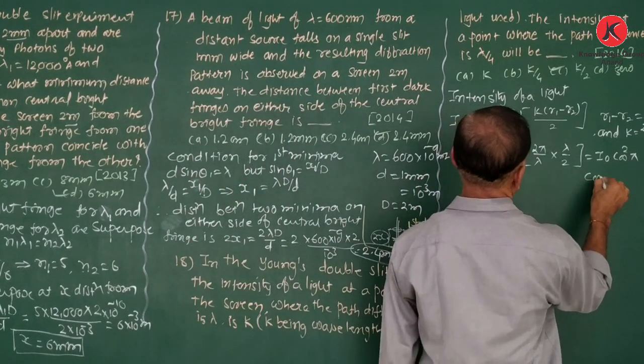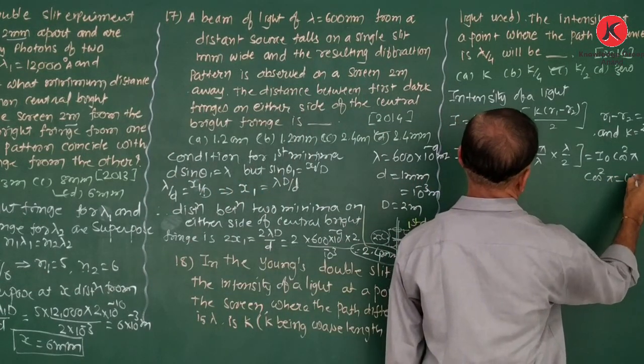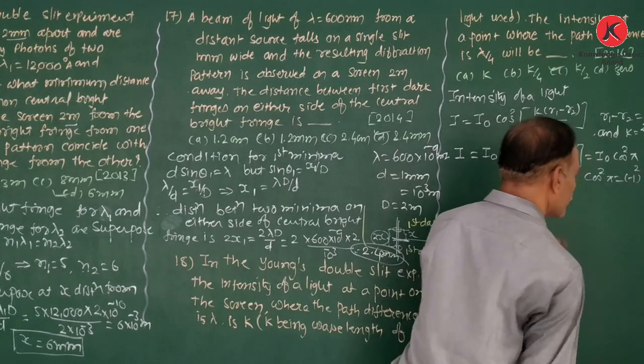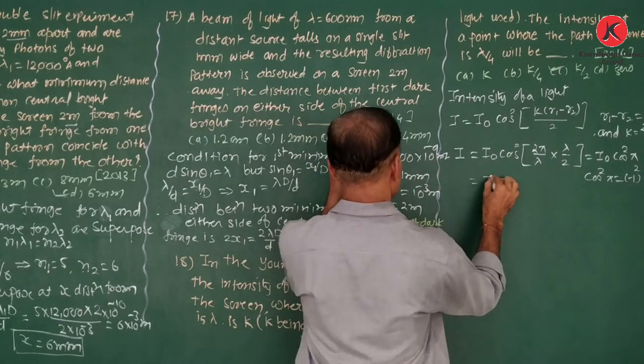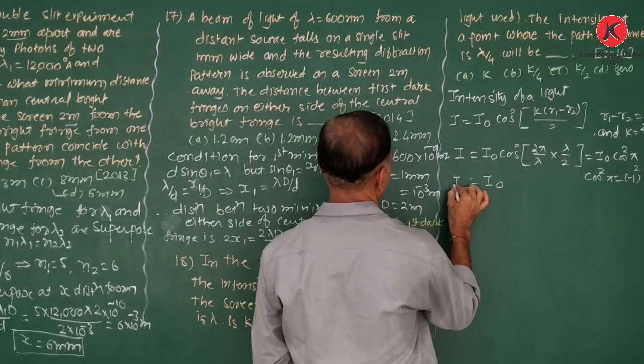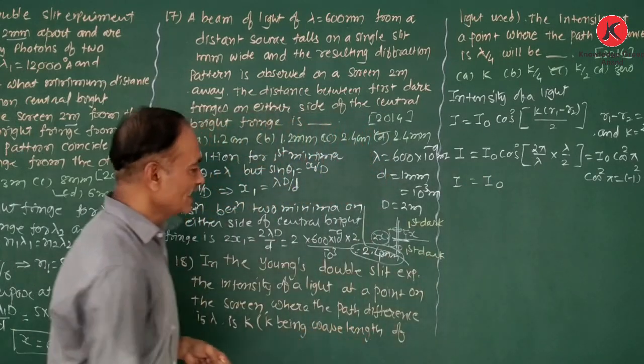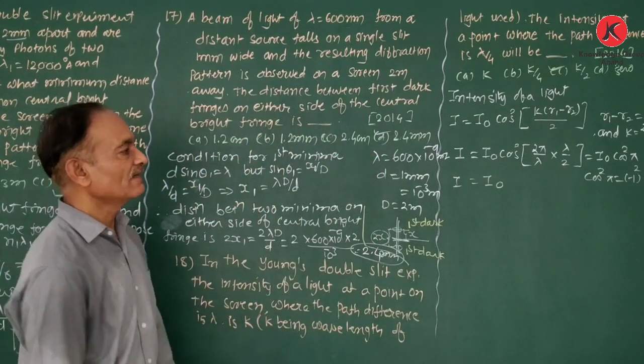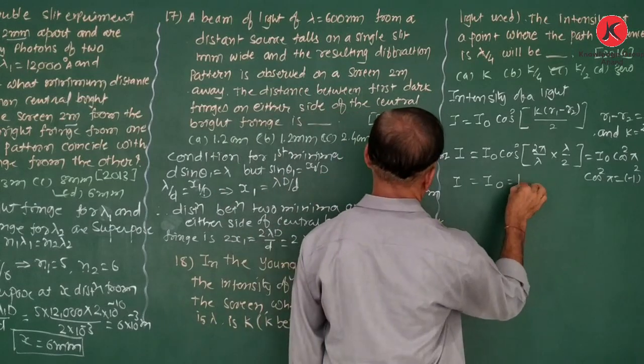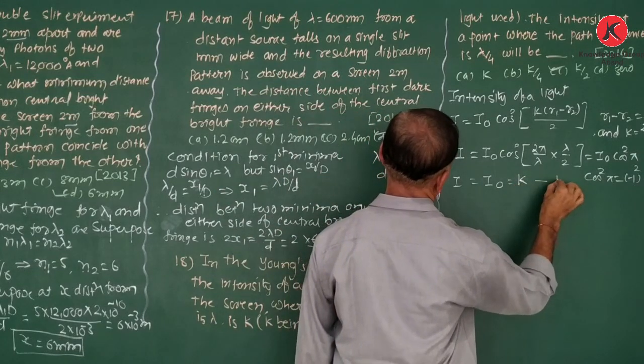Now cos square pi is equal to (minus 1) square, which is 1. Therefore it is I0 only, but that is given as K. That is equation 1.